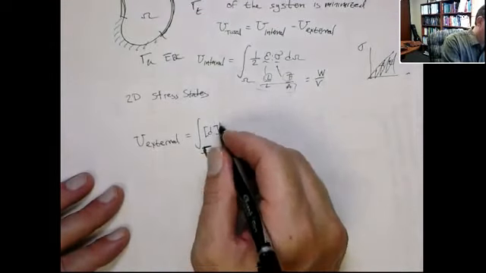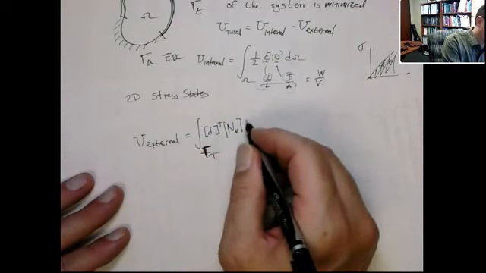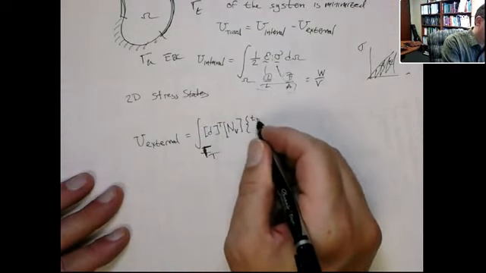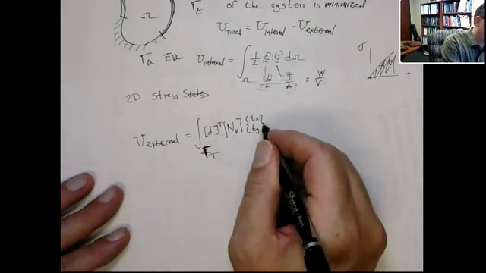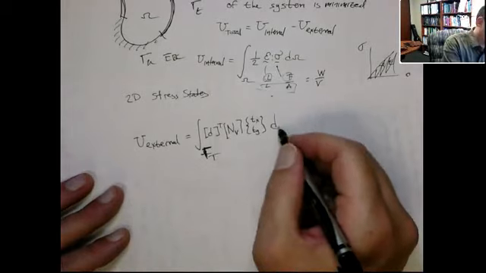And it's D transpose times this NV matrix, and then that's going to be multiplied by the traction vector, x and y. And those, in general, are going to be functions of position, okay?